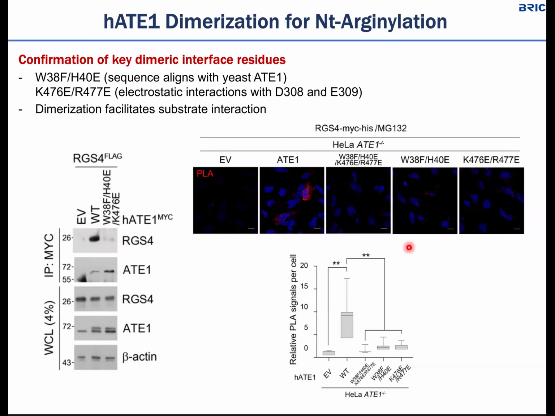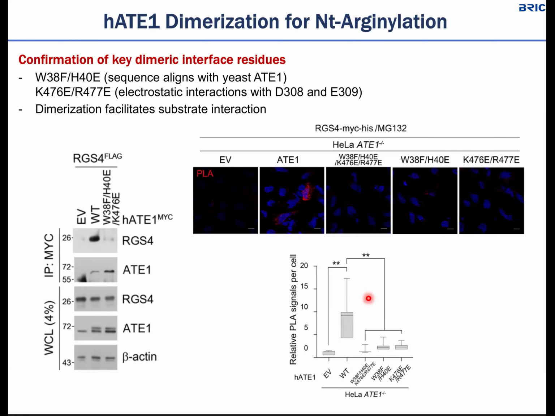And to further validate these observations, we then performed a proximity ligation assay, PLA, using recombinant RGS4 and the various human AT1 constructs. The PLA technique enables the detection of protein to protein interactions that occur within approximately 40 nanometers of each other.